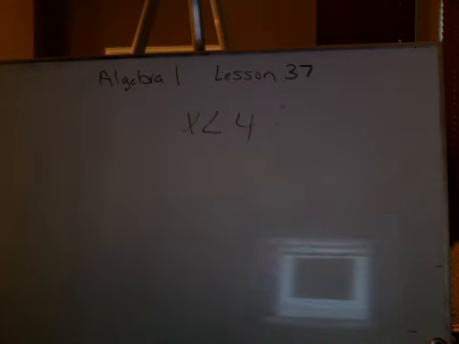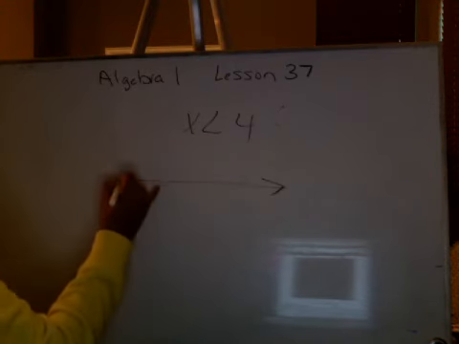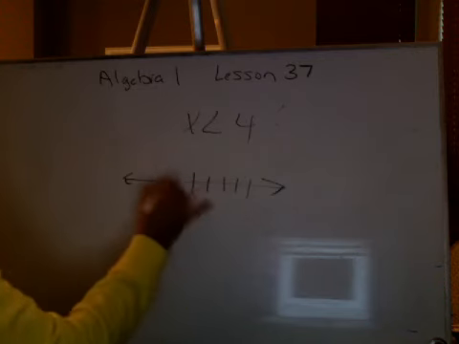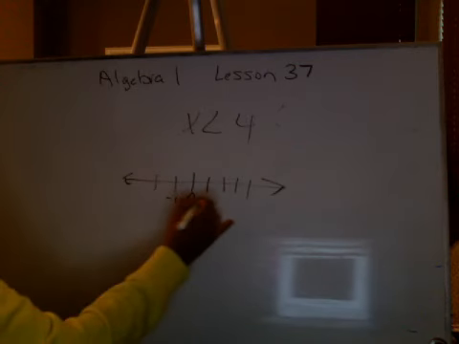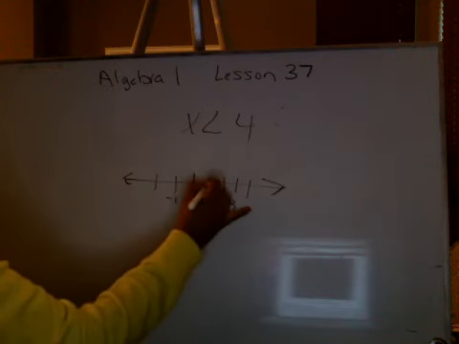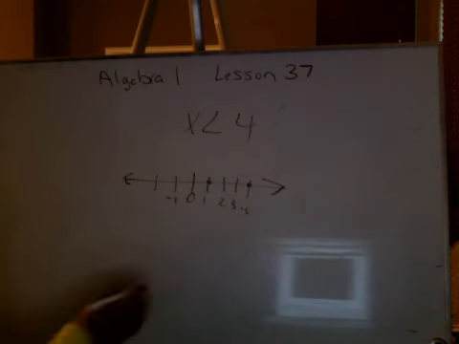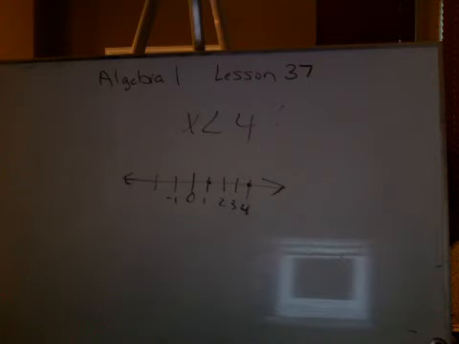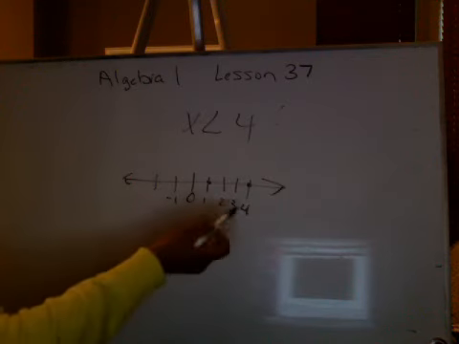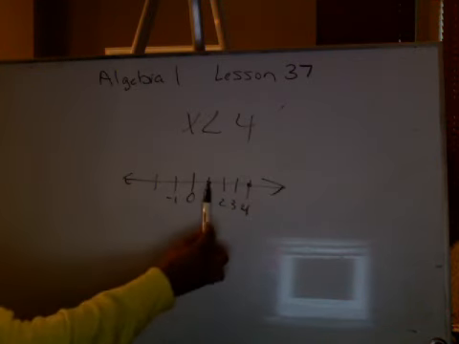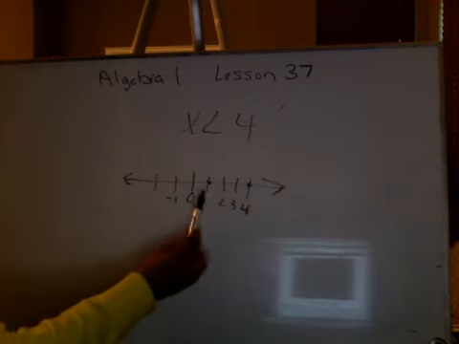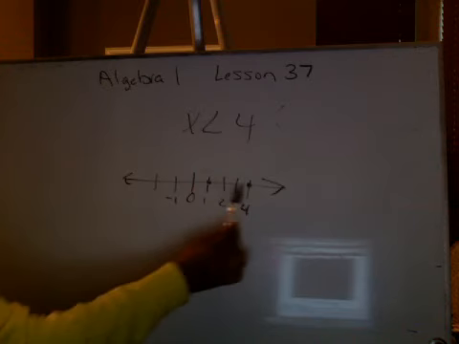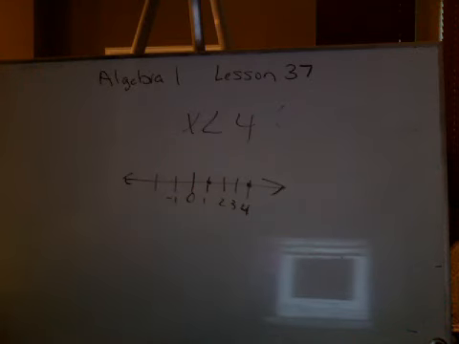Well, let's go back a little bit and look at the number line. If I have a point here and a point here, I can say 4 is greater than 1. When you look at a number line, we can say the number to the right is greater. 1 is to the left of 4, so 1 is less than 4. 4 is to the right of 1, so 4 is greater than 1.